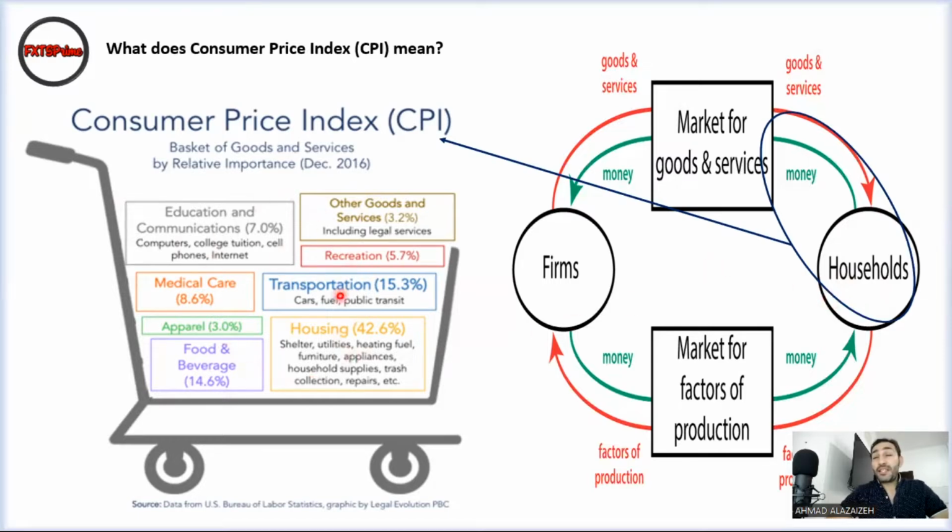There are several products and services being sold in this market, and households spend on them. A typical household will spend on education, medical care, food and beverage, housing, fuel, public transit, and other goods and services. The CPI measures the typical goods and services needed by the household.